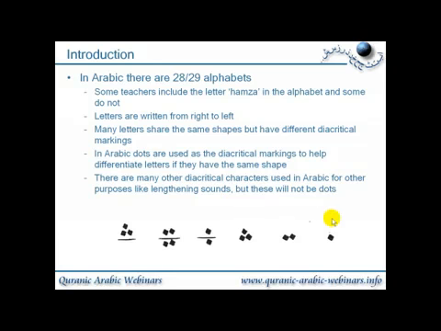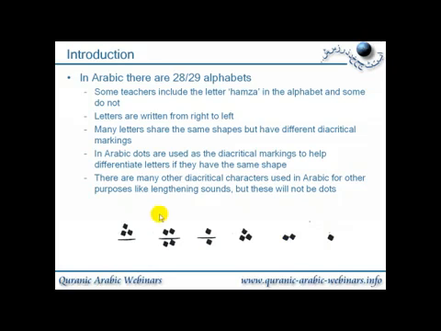So here we have what we call the dots, and generally you'll have different numbers of dots. So we've got 1 dot, 2 dots, 3 dots. Sometimes they'll be below or above a letter or even sort of halfway in the letter itself. Now these dots again are used on top of letters if they've got the same shapes to differentiate the letters.